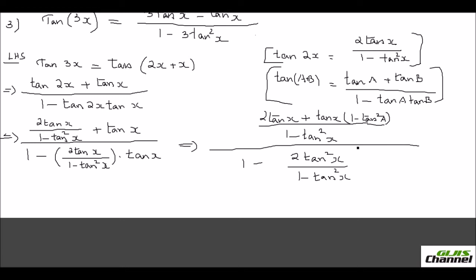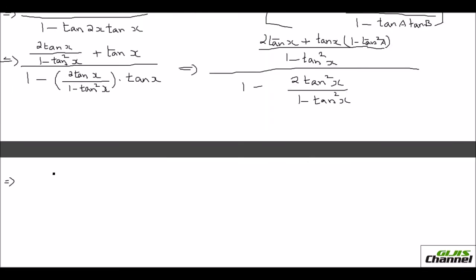Okay? Is this clear? Okay, the numerator here would be 2 tan x plus, when you multiply 1 times tan x, it is tan x, and tan x into this would be minus tan cubed x, right? Tan cubed x. Okay? And the denominator for the numerator is 1 minus tan squared x.